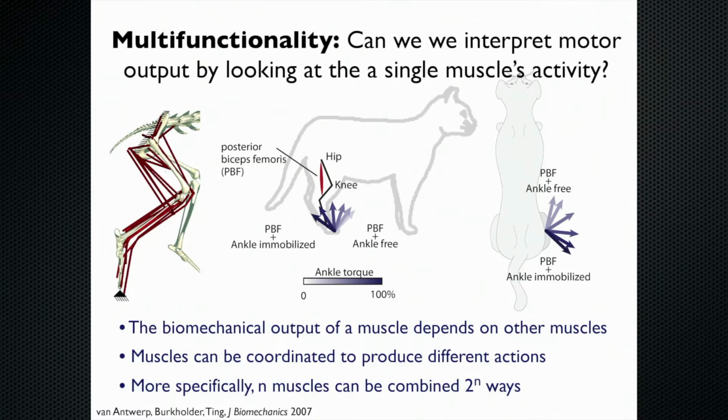What that tells me is that the specific relationships in activation between two muscles are extremely important in forming movements.